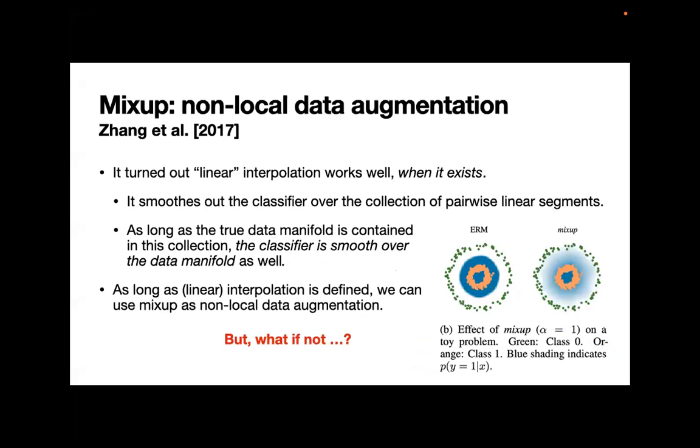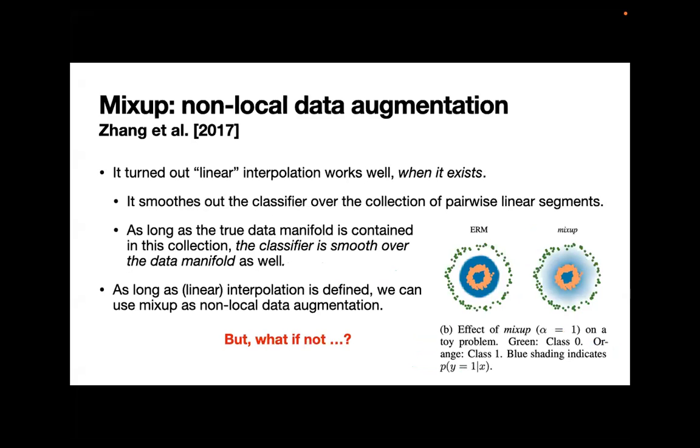But if you think about it, it's not too crazy, because as long as this kind of linear interpolation exists in the space, you can imagine that it's going to smooth out the classifier over the collection of all possible linear segments we get.